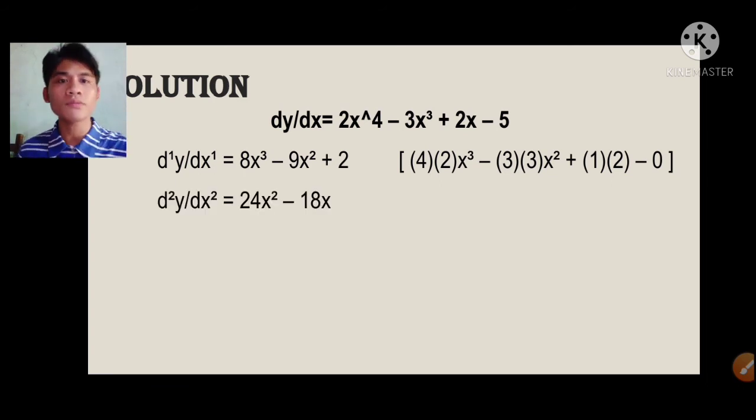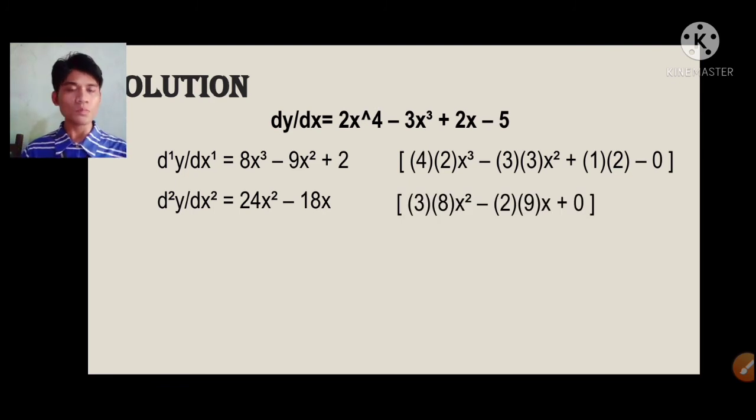So the next derivative would be 24x squared minus 18x. Is it because of this process? We multiply 3 to 8, the coefficient from the first derivative, which is 8x cubed. So we came up with 24x squared as we subtract 1 from our power, which is 3.